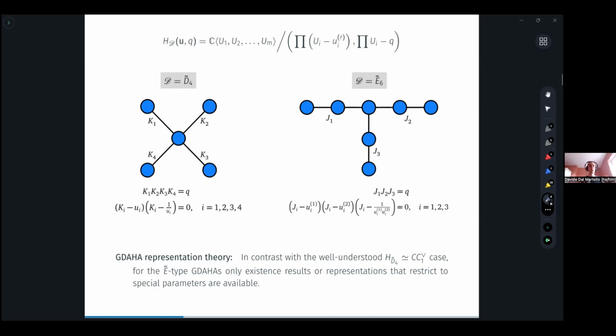So to construct first explicit representation of the case of E6 with no restriction whatsoever on the parameters. And so this is basically the goal of the rest of the talk. I want to introduce you to this machinery and get to the actual formula for this representation.